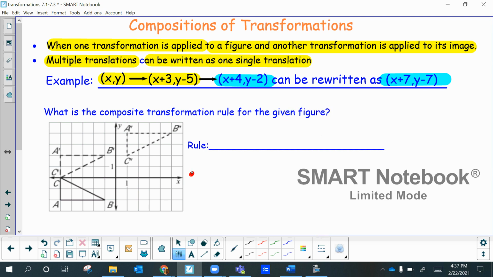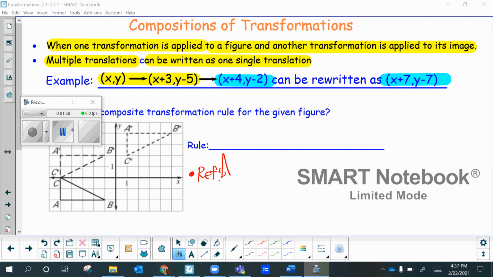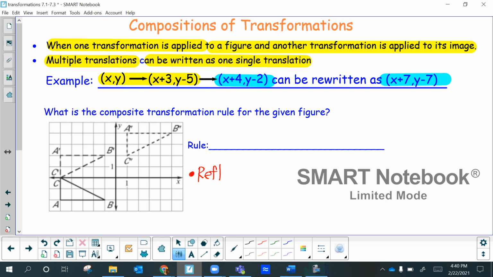We have our first one being a reflection. That was the first one, and then the second one is a translation.